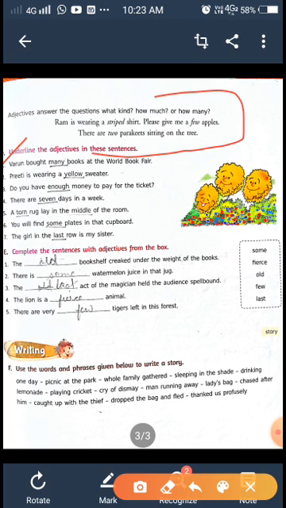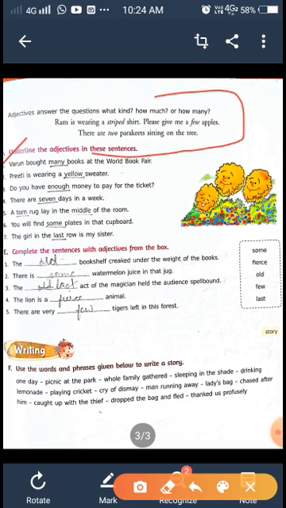Once again, adjectives answer questions like what kind, how much or how many. Two example sentences are given here. Ram is wearing a striped shirt. Please give me a few apples. There are 2 park kids sitting on the trees.